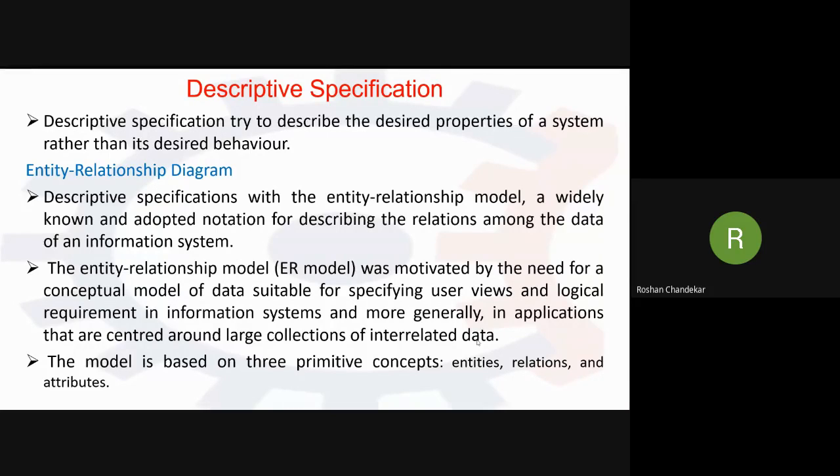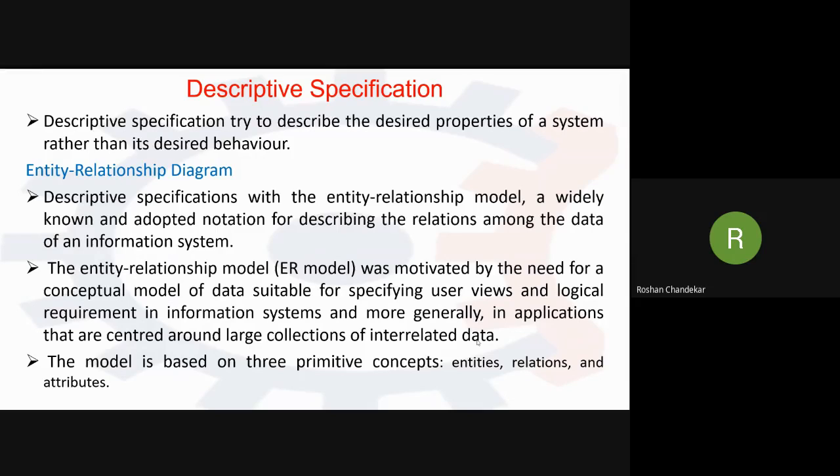The ERD model was motivated by the need for a conceptual model of data suitable for specifying user view and logical requirements in information systems, and more generally in applications centered around large collections of interrelated data.